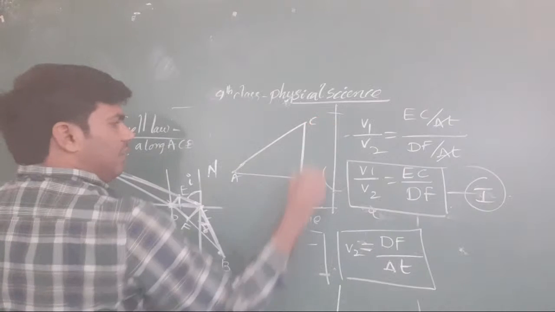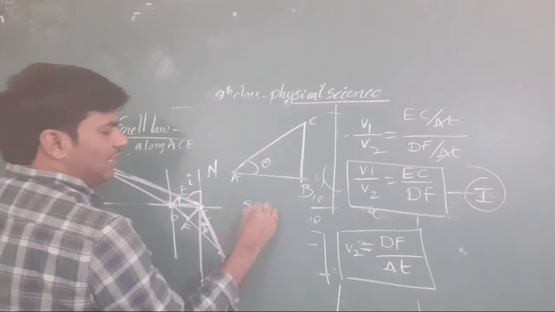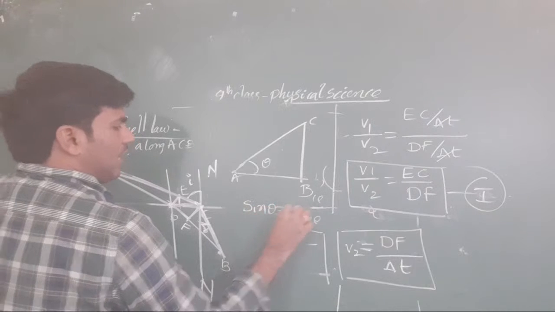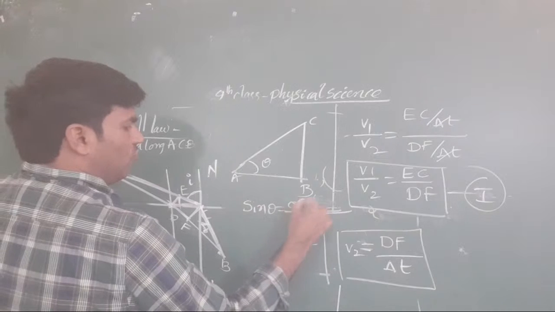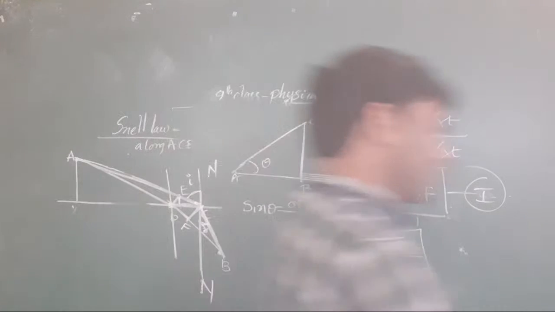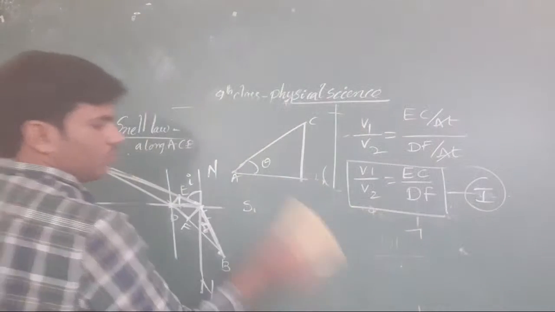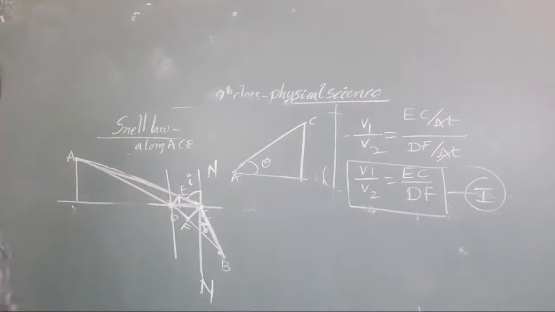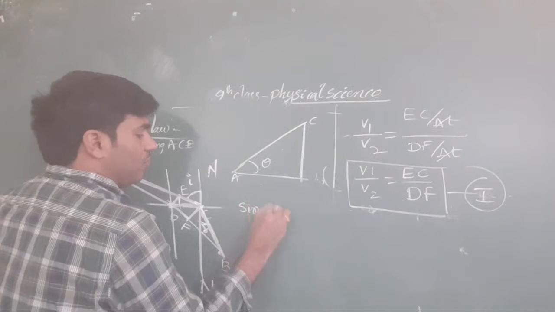Here we have written ACB. The sine theta is equal to the ratio between the opposite side to theta. Sorry, there is a space problem on our board, it does not appear to you.